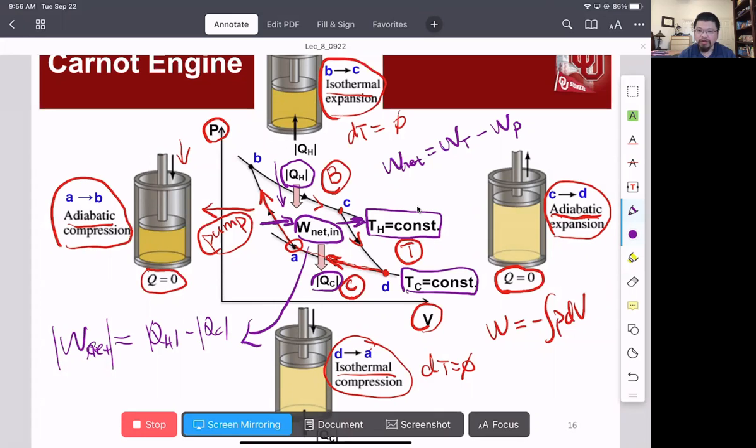This is the second point. The third point is he claimed that is the maximum efficiency if you are able to somehow design this process. There's no way you can have a better efficiency regarding a heat engine. So we'll come back in a minute to validate his statement of the maximum efficiency.